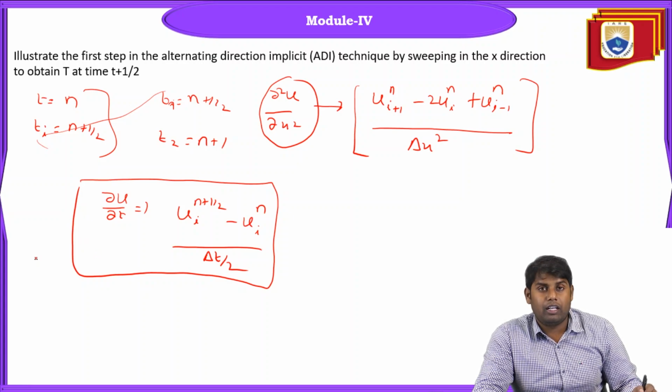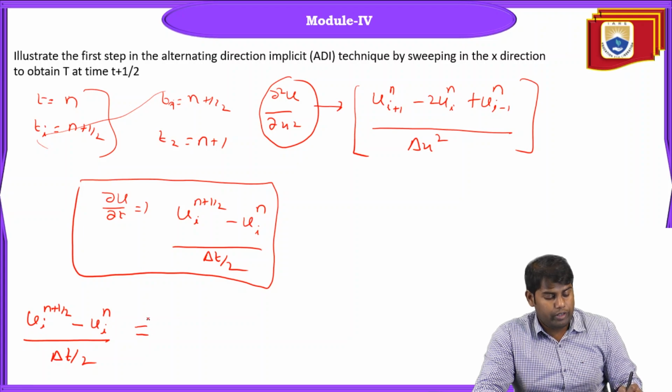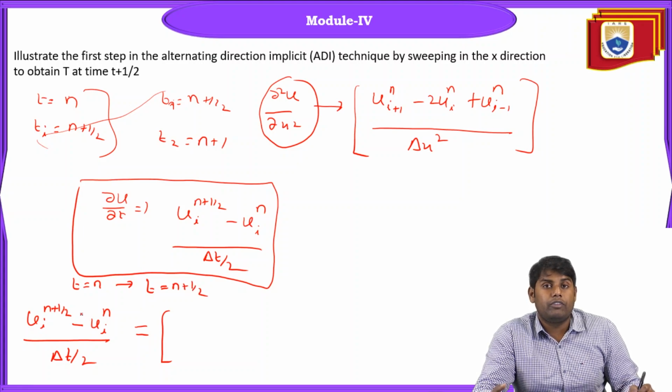Let us build the final expression. (u_i^{n+1/2} − u_i^n) / (Δt/2) is what we have for the LHS term. And for the RHS term, the same: this is between time t = n and t = n + 1/2, the first half of the ADI.